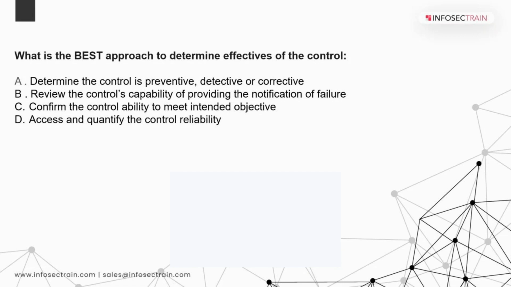So how can we determine that a control is effective or not? Why are we implementing controls? We are implementing controls to reduce the risk, right? And we identify the risk is huge. I'm talking about qualitative. Risk is high, and I'm using one firewall.